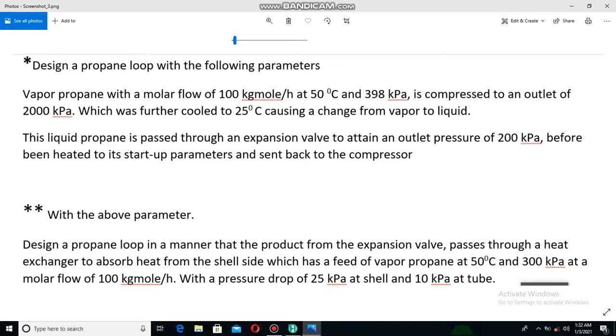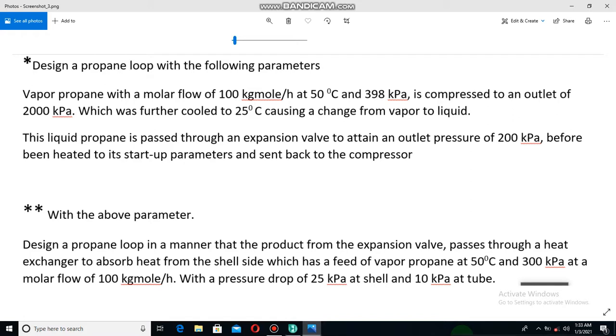That's question one. Question two is, using the above parameters, design a propane loop in a manner that the product from the expansion valve passes through a heat exchanger to absorb heat from the shell side, which has a feed of vapor propane at 50 degrees centigrade and 300 kPa at a molar flow of 100 kilomoles per hour, with a pressure drop of 25 kPa at the shell and 10 kPa at the tube.